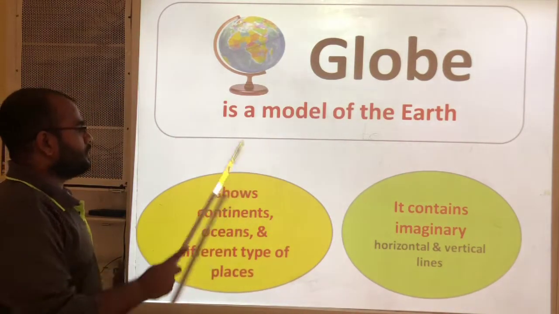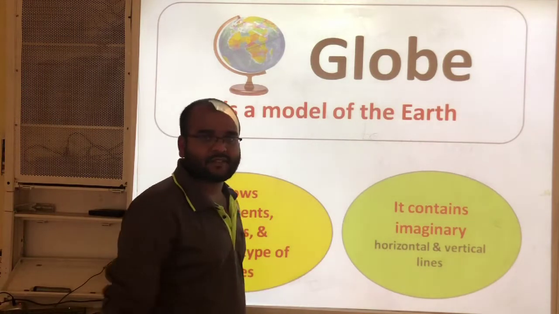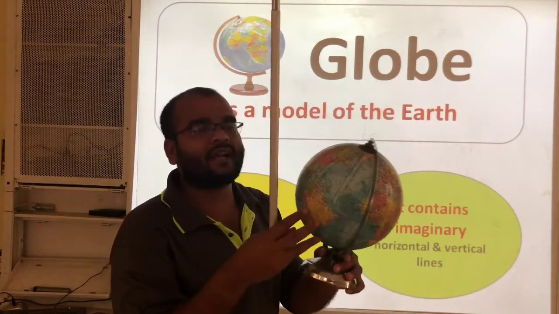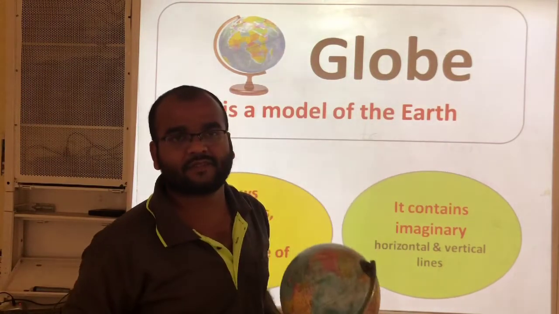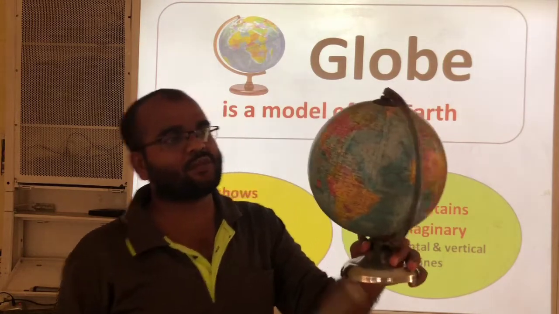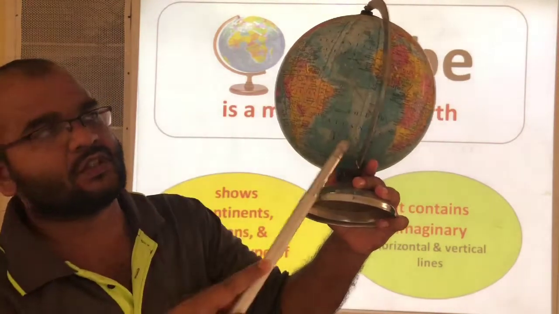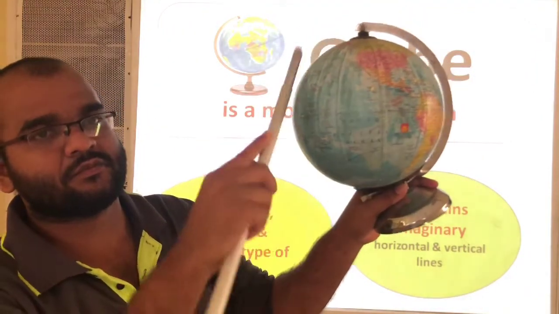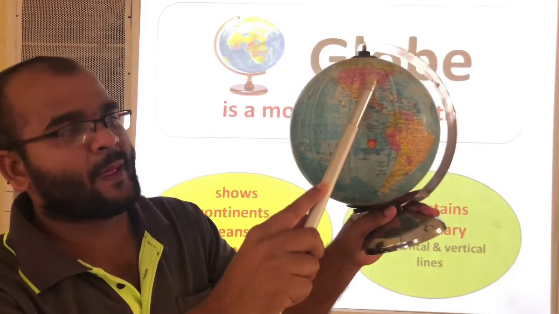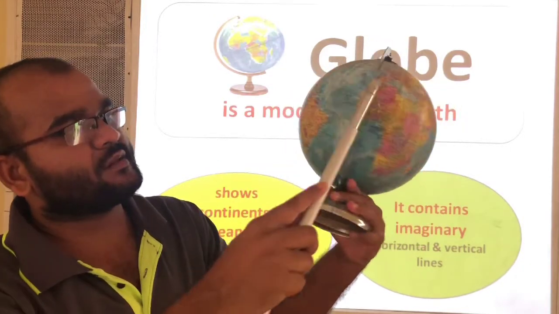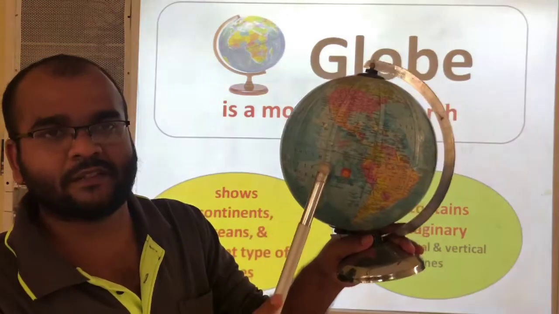See here what it contains. This globe contains which things? Observe carefully. We can find some vertical lines, some horizontal lines, and some continents, some oceans, everything we can find.